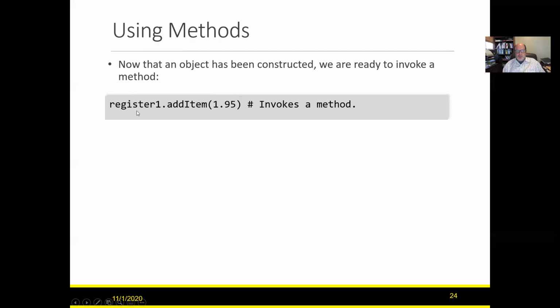Now that I have the object, I can use the dot operator to call the methods of that object. Remember, the method is coming from the class. This method needs a parameter, so we're passing the parameter.